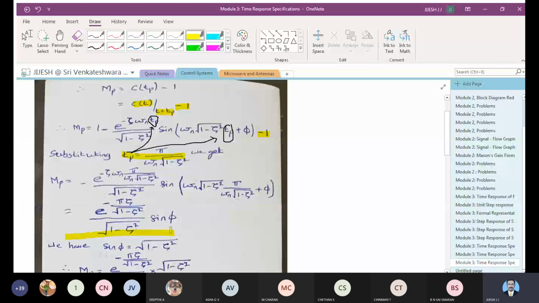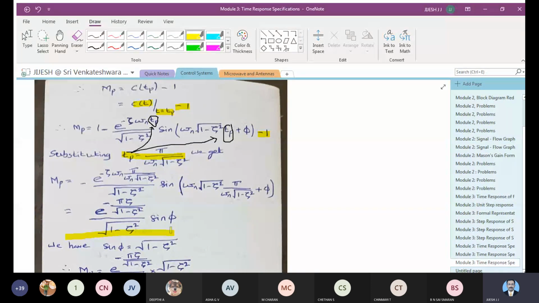Okay, we will continue further. Okay, fine. So we have seen that Mp is equal to e to the power of minus pi zeta by root of 1 minus zeta square, into root of 1 minus zeta square divided by 1 minus zeta square sine phi.